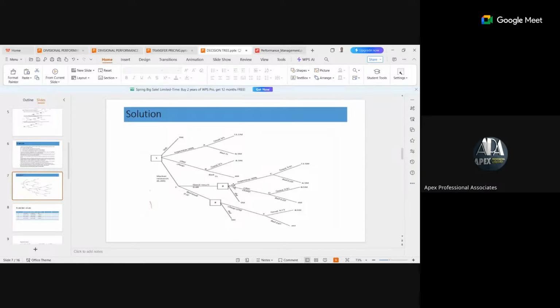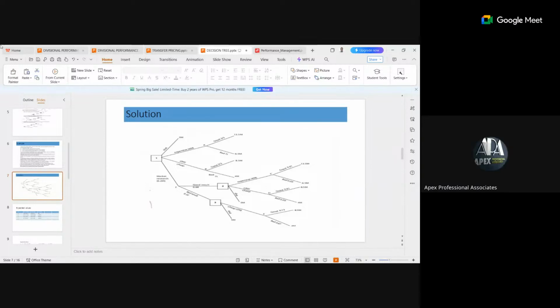Will it be the expensive, the cheap, or we shut down? If we are going by the bad decision, which choice will we make? Will it be the cheap or the shut down?